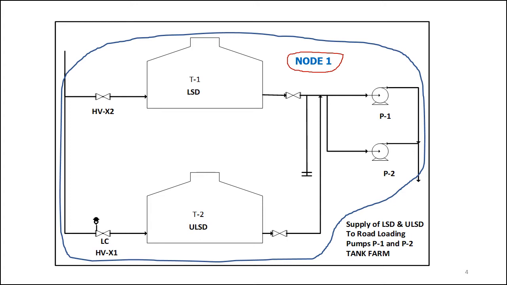The important items in the node are the inlet valves HVX1 and HVX2 and the spectacle blind on HVX1, which is locked closed. T1 contains the LSD and T2 the ULSD. There is also a dead leg in the piping after the tanks. Pumps P1 and P2 are also shown.